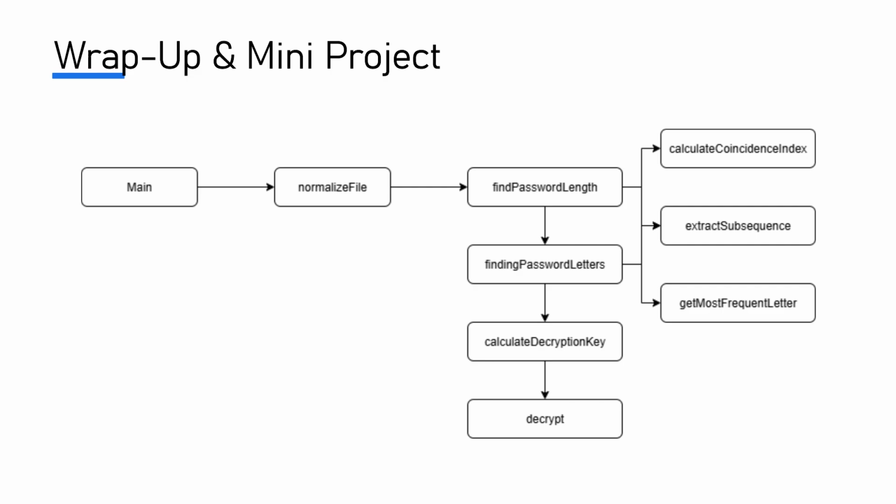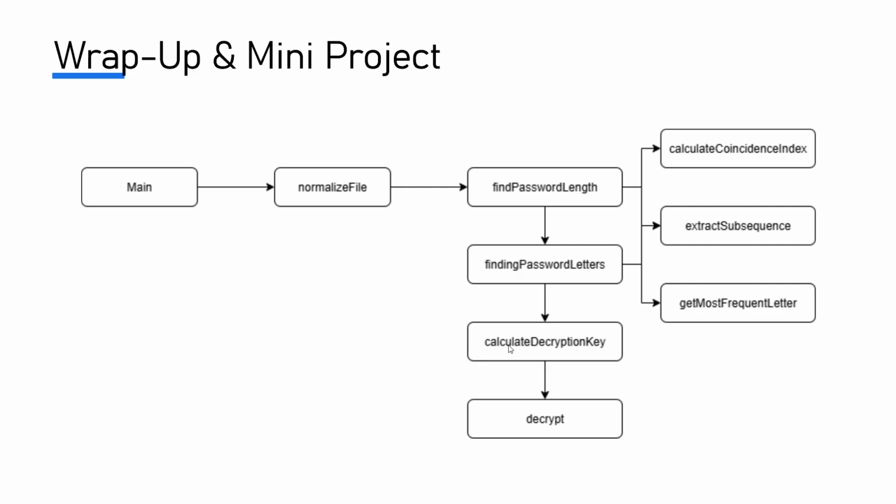between A and Z. And just after, we need to find the password length and password letters, of course. To do that, we will use some functions that we will, of course, code, like calculate index of coincidence, extract subsequence, get most frequent letter, and other functions.